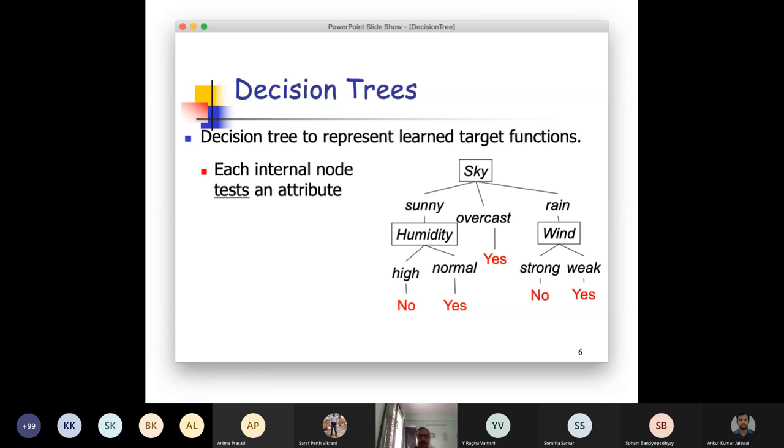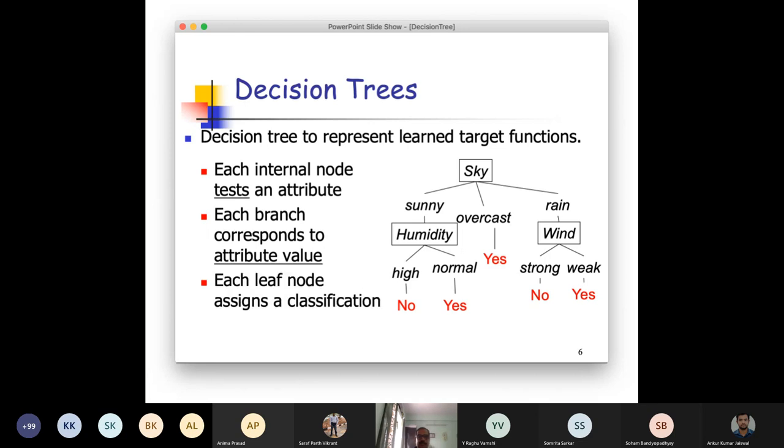If I just summarize what I said, each internal node tests an attribute. That is the step of computation of a decision tree. Each branch corresponds to an attribute value, and each leaf node assigns a classification. And it can be represented by logical formulas, as we have already seen.